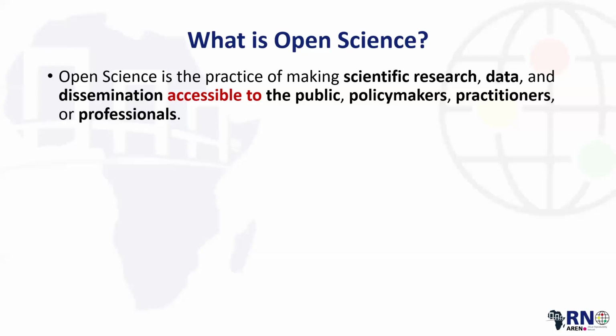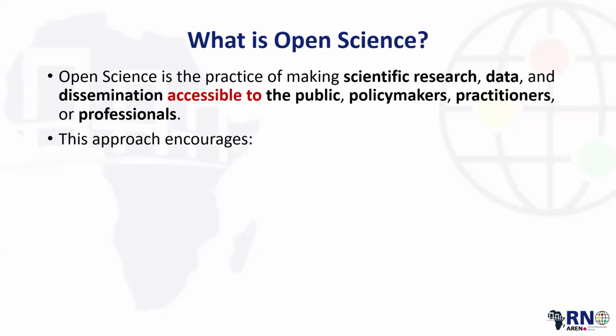So open science is all about accessibility to scientific materials. And this accessibility is not restricted to the scientific community, but it extends to the public, to policymakers, to the practitioners and professionals that are involved in the outputs of this scientific research.